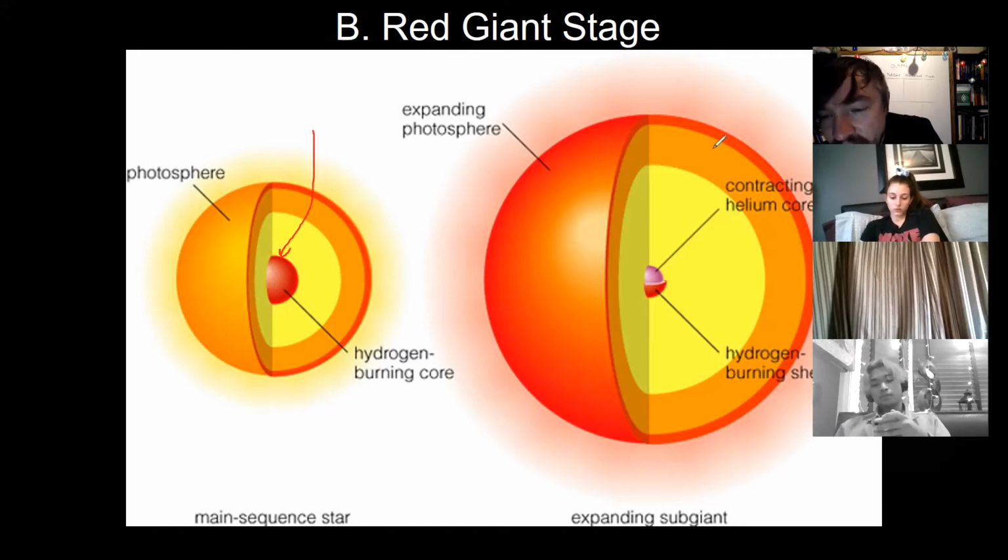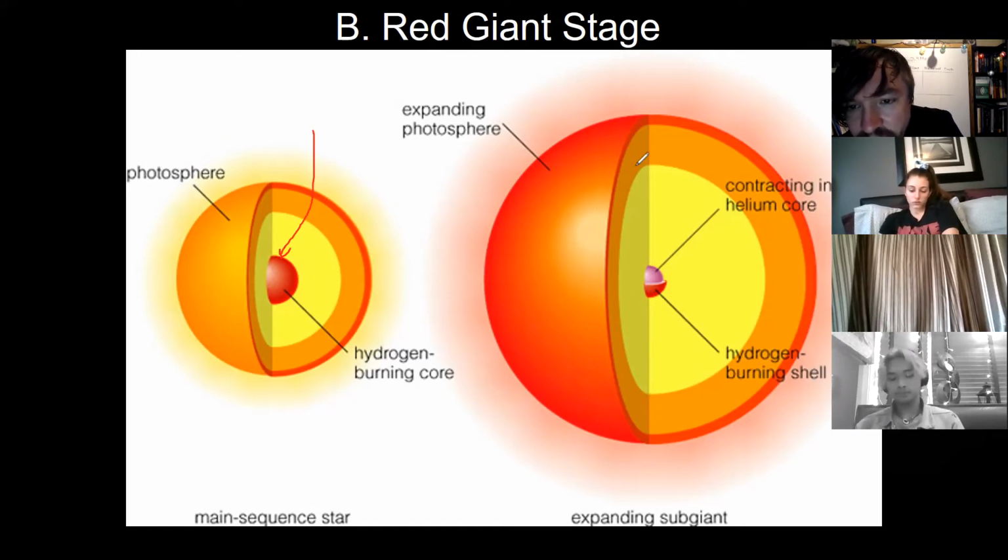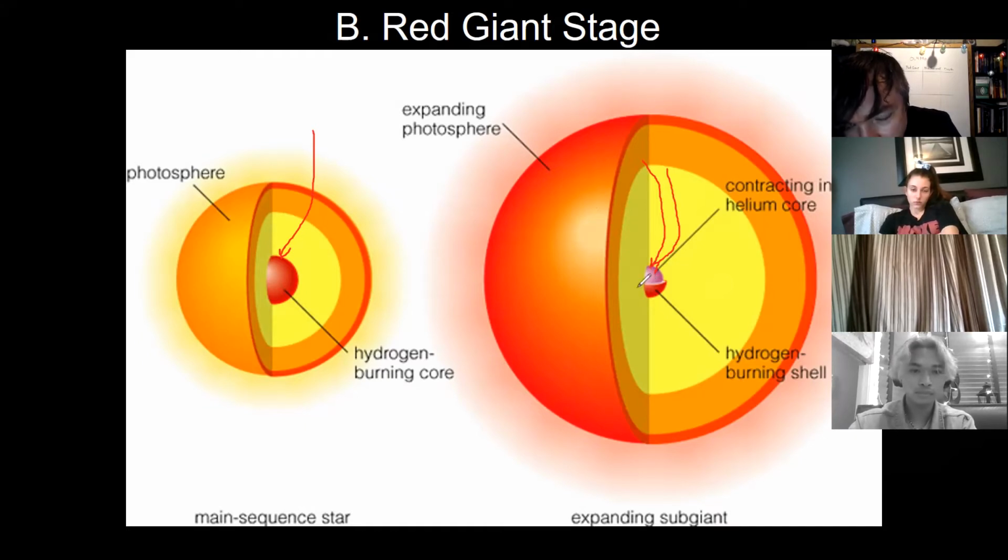But over time, as the star deposits more helium ash into the core, you will get a bigger and bigger lump of helium, and the shell that can still undergo fusion will become thinner and thinner.